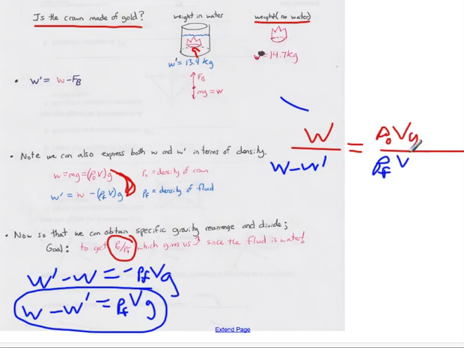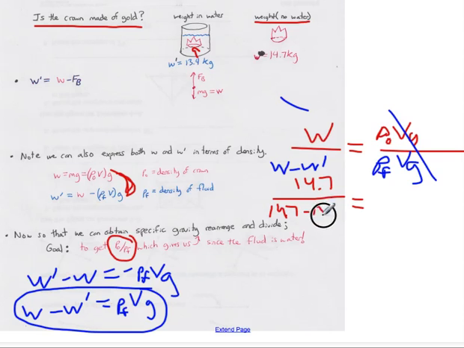And look at that, the V and the g are the same thing, so we can just cross those out. And that's exactly what we wanted. Now we have this arranged in terms of specific gravity. So now we can plug in the measurements. What was our W? It was 14.7. And then we have 14.7 down here.